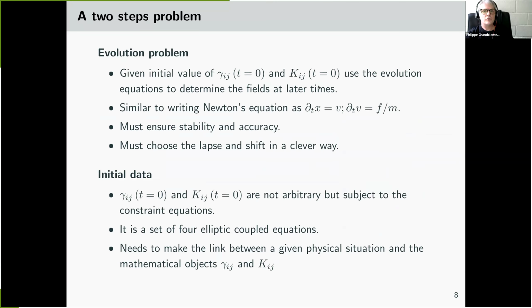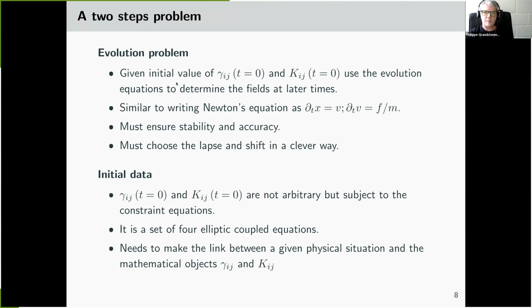And so if you want to do a simulation in numerical relativity using this framework, you actually have a two-step problem. The second step is called the evolution problem, when you start from an initial value for the induced metric and for the extrinsic curvature tensor, and you use the evolution equations to get the values of those fields at later times.